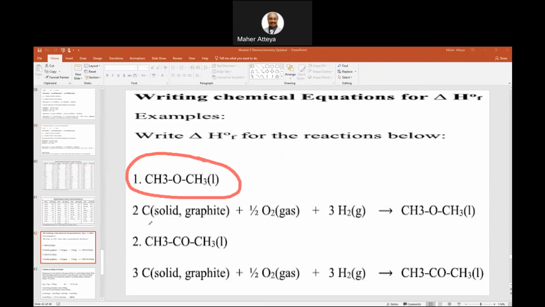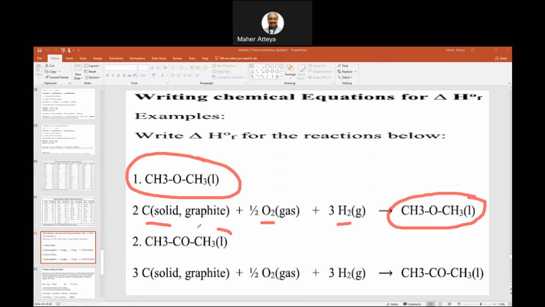Well, it is formed from carbon atoms, oxygen molecule, and hydrogen, with 1 oxygen and 6 hydrogens. So this is the formation of an ether, dimethyl ether. Those are the elements contributing to this molecule.